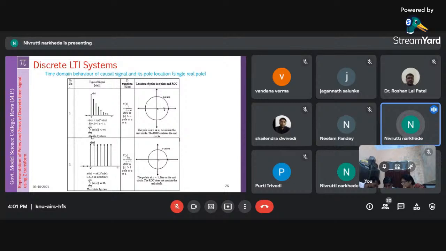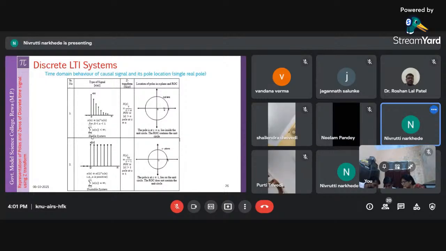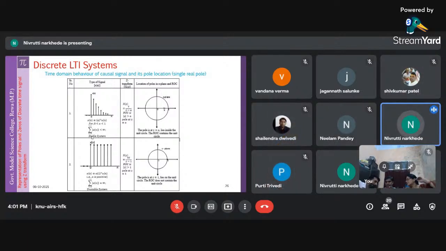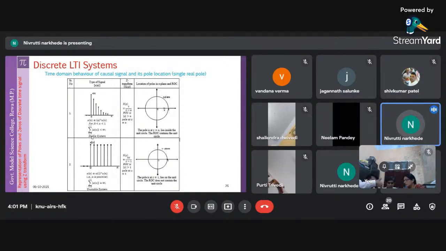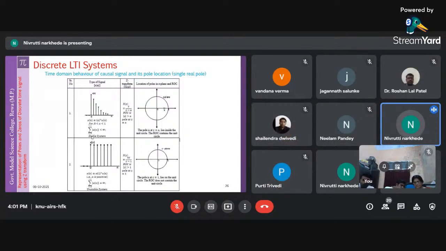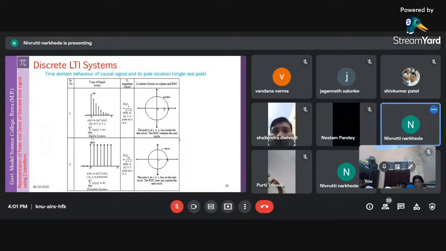These are some of the examples that we have seen. The first one is a right-handed sequence for 0 less than a less than 1. The stability of the system requires that the summation of |x(n)| is finite. Its Z transform is z upon z minus a, where the ROC is |z| greater than a. If we equate the denominator, z minus a is equal to 0, that means z is equal to a.